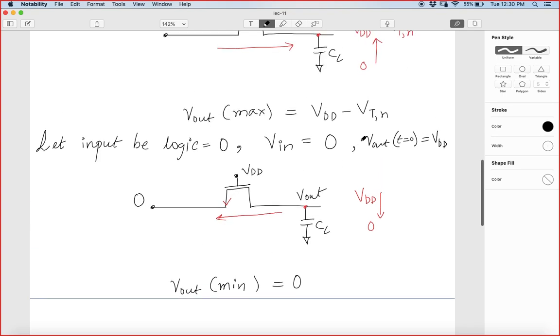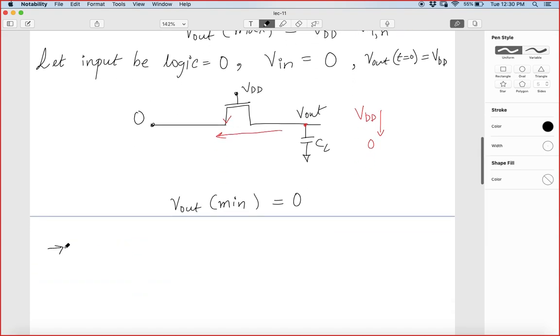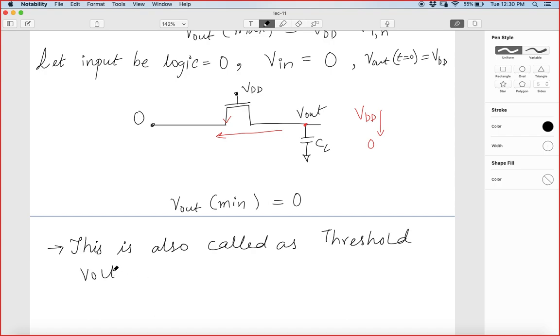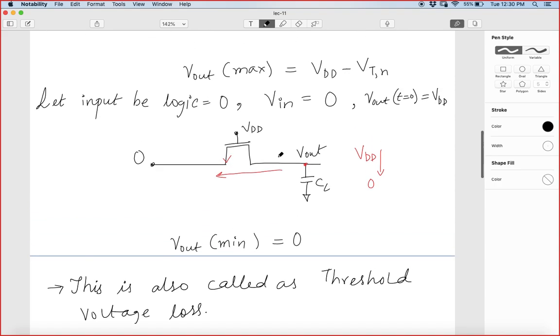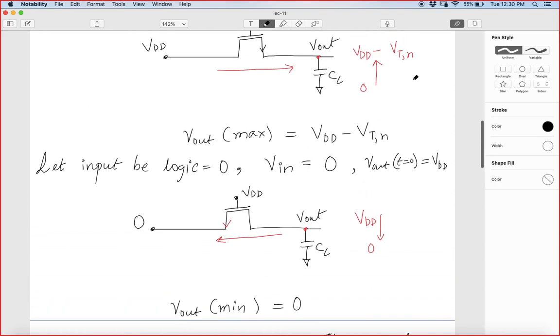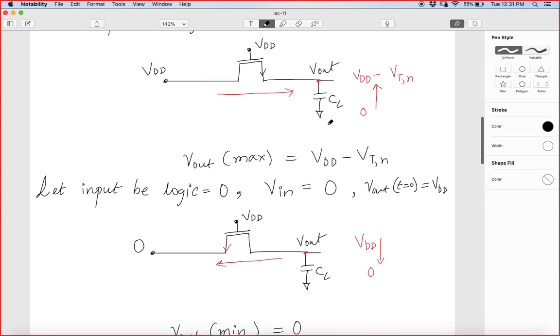Because the logic high has not gone till VDD, there is a loss of one threshold. This is also called threshold voltage loss, because we are losing one threshold whenever it is trying to transmit logic high.